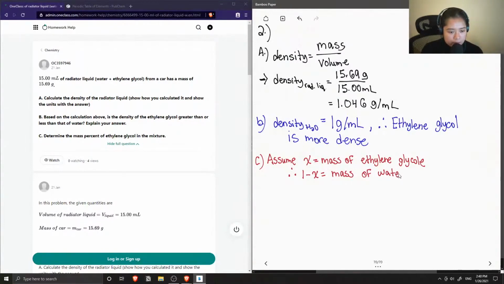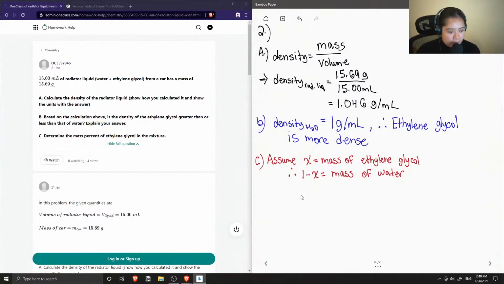So these are based on percentages. And if we had 100% of our mixture, then the mass is X, then we know that 100 minus however much of the ethylene glycol there is will give us the mass of water.